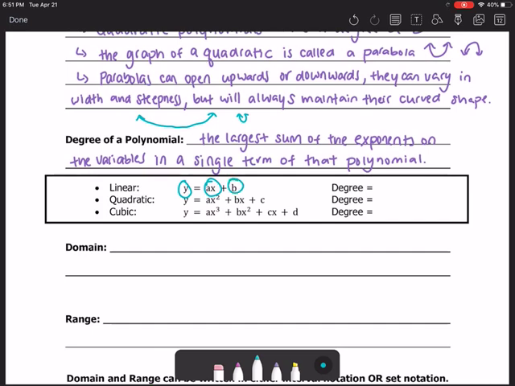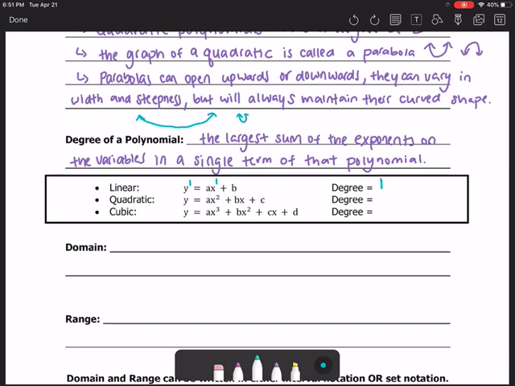There are 3 terms here in this first equation. For my first term here, y has the exponent of 1. My second term, x, has the exponent of 1. My third term, there's no variable, so my highest sum of the exponents on a single term would be 1 here.